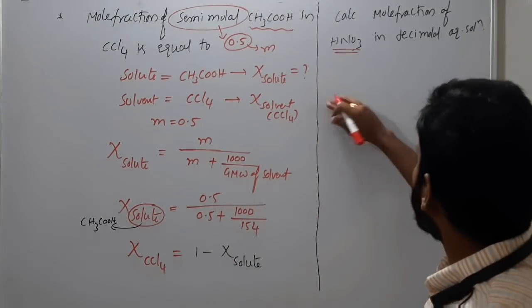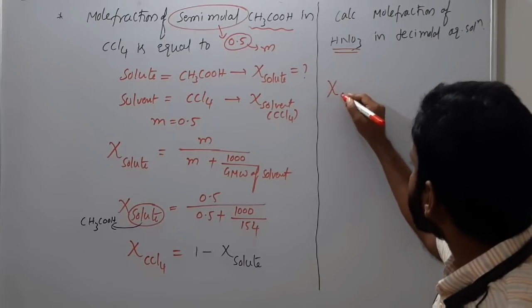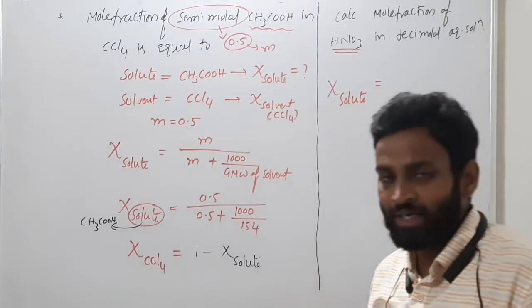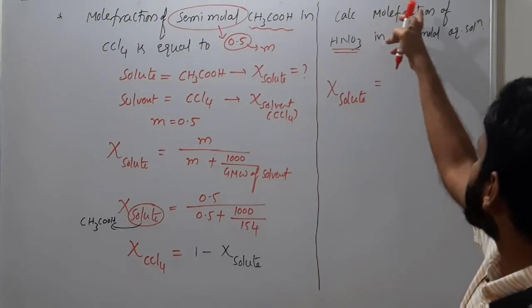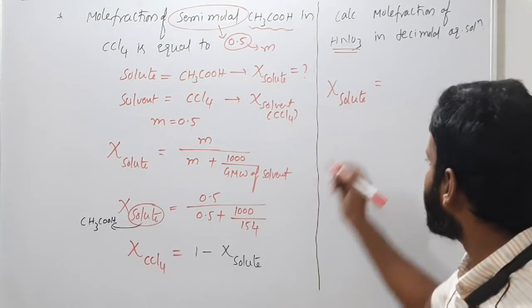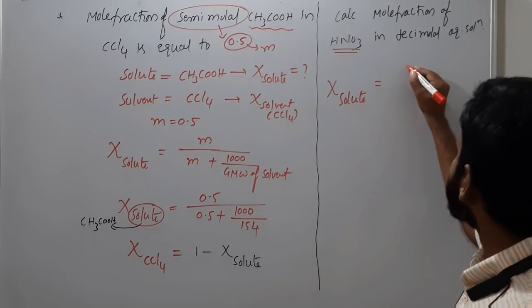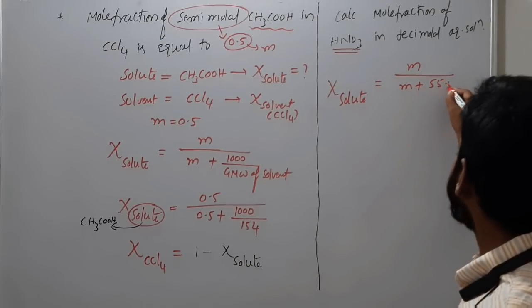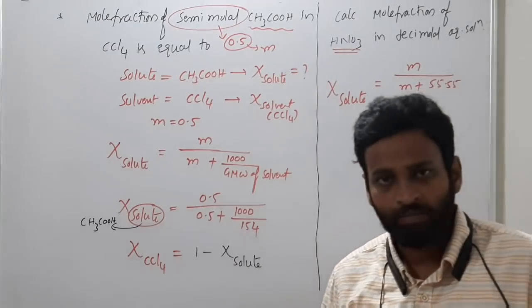Okay. So now what you have to do, mole fraction of a solute only they are asking. How do you know only mole fraction of solute they are asking? Because mole fraction of HNO3 they are asking. Got it? So mole fraction of solute is equal to molality by molality plus 55.55. That's it.